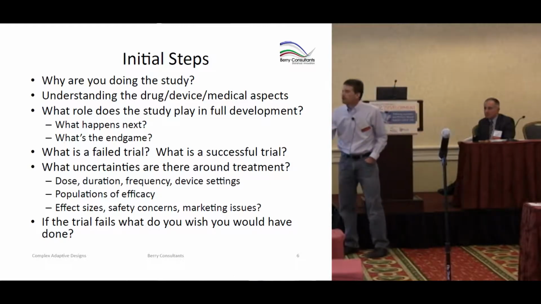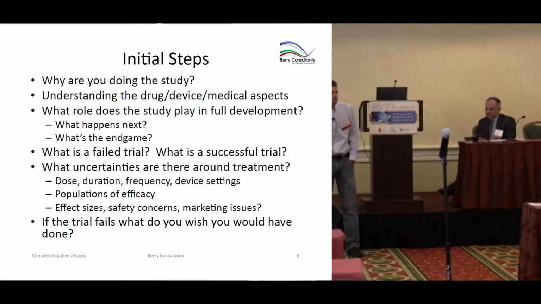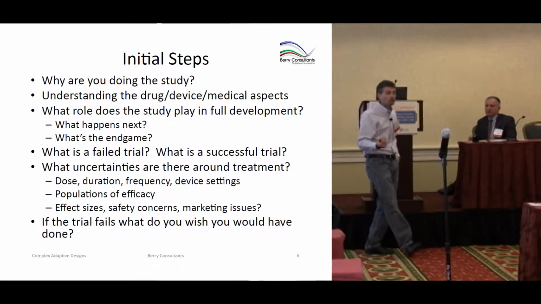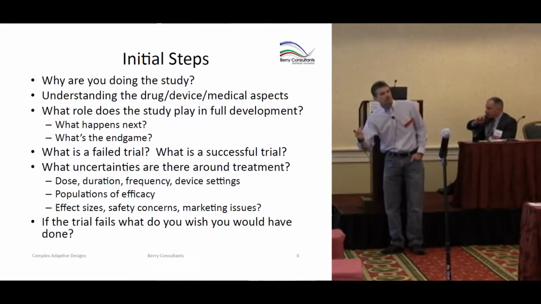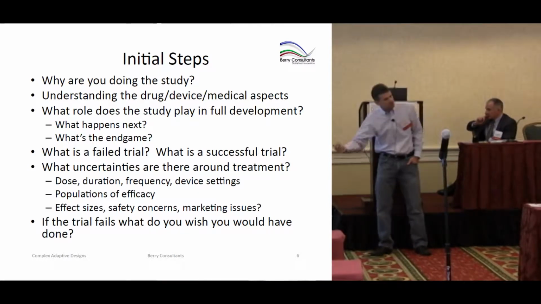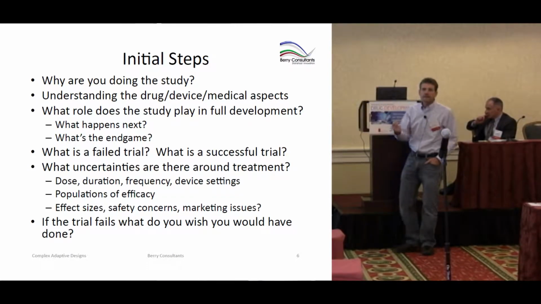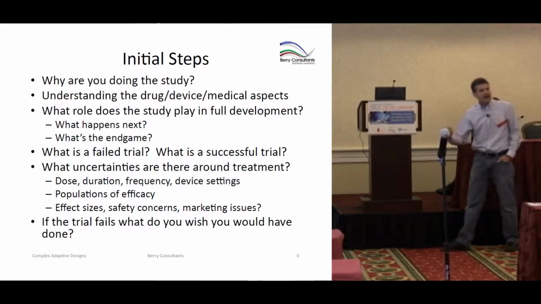So are we doing it because phase 2 comes after phase 1? Which I've been told before. Are we doing it to understand the most effective dose? Are we doing it to make the go, no-go decision of phase 3 as efficiently as we can? What is the role of the trial within drug development? What happens after this?